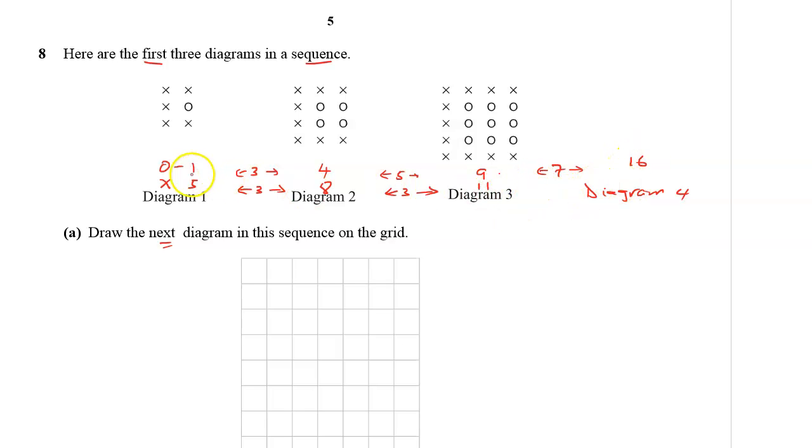What about the crosses, which are the x? They're increasing by 3. Therefore, since it is 11, when we increase by 3, then we will land at 14.